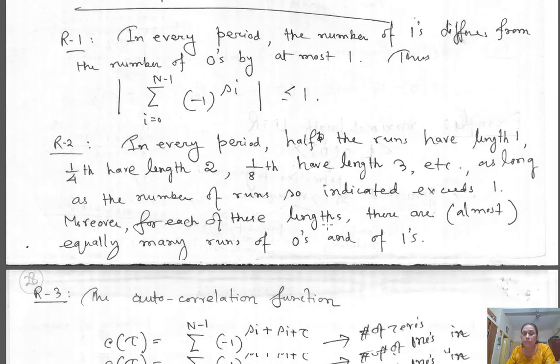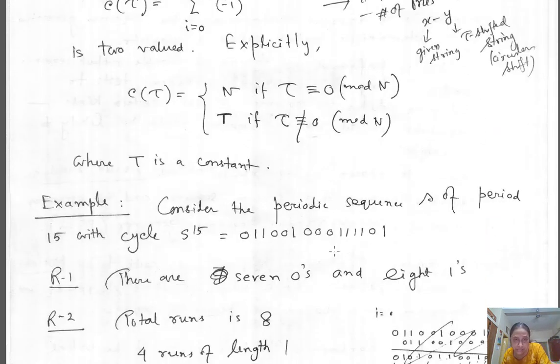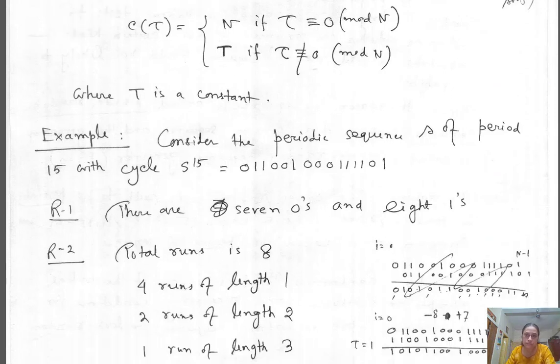So what we mean by runs, let me illustrate this with this example. So how many runs of length 1? This is a one length run. This is a one length run. This is a one length run. This is a one length run.